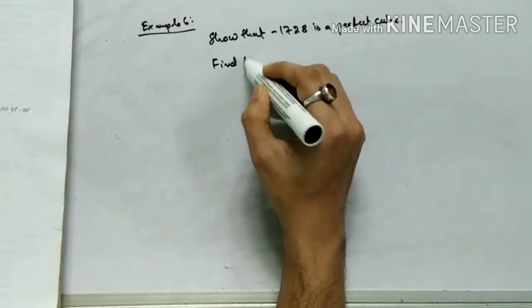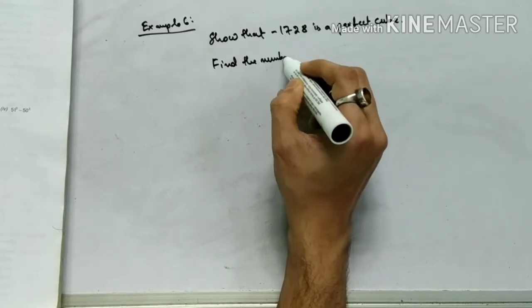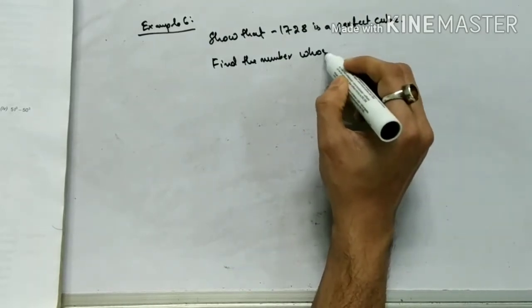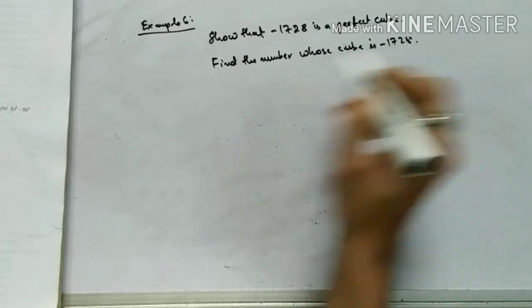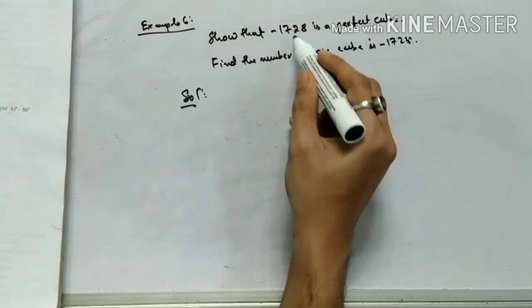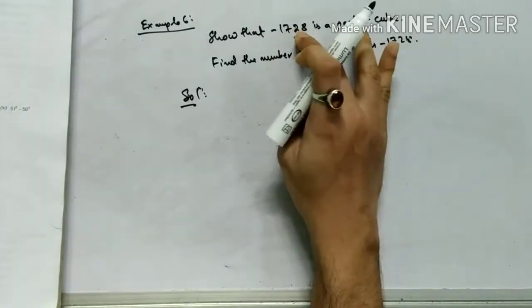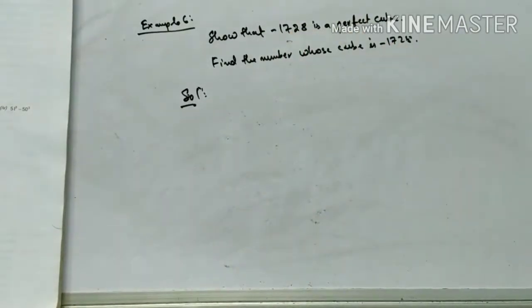Find the number whose cube is minus 1728. Now in here you see this number is negative. It is not a positive number, it is a negative number.